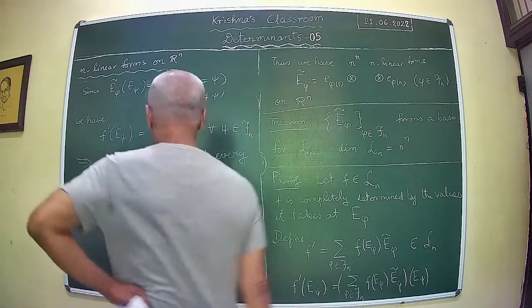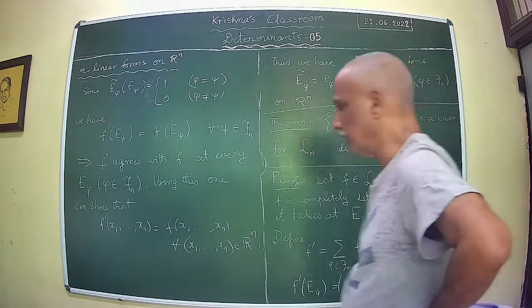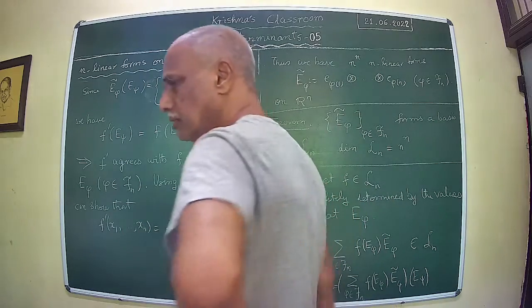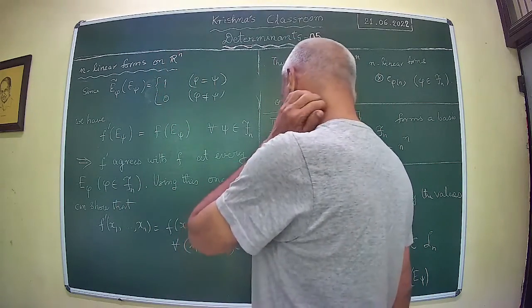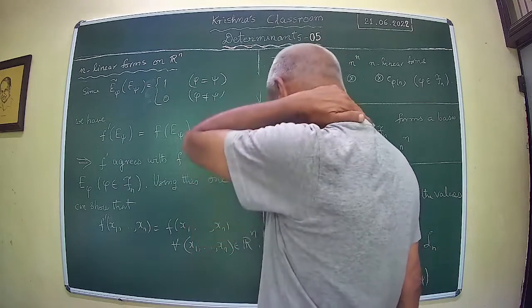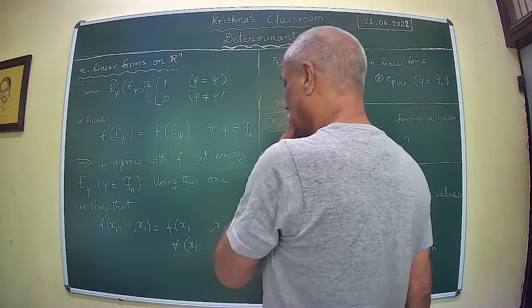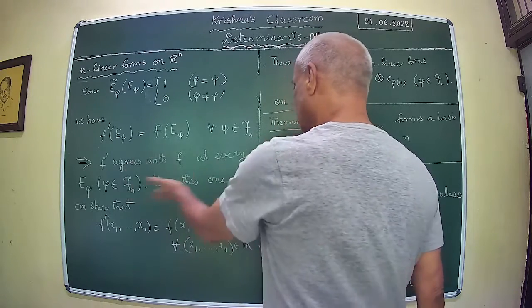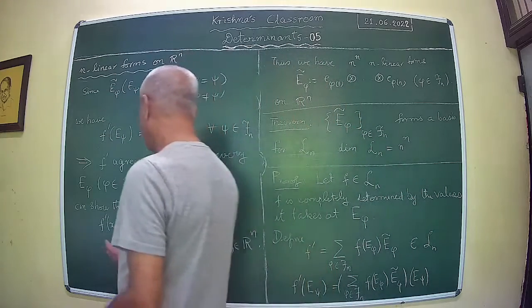The process is simple. Write x1 as a linear combination of e1, e2, etc., en. All these, you write as linear combination of e1, e2, etc., en, and then use n-linearity. Okay, so you can easily get that they are the same, right?